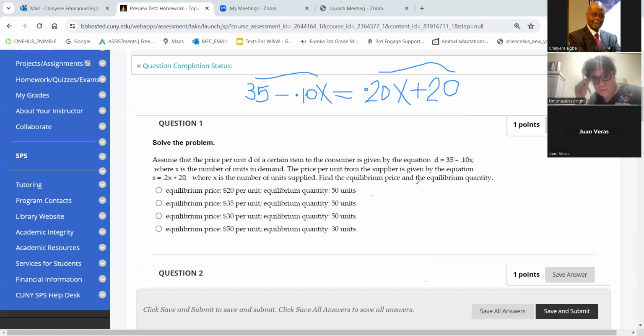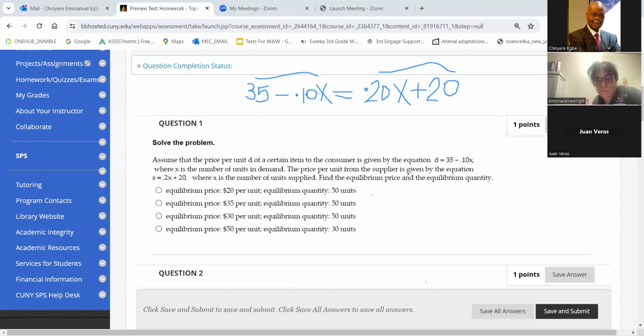And so if the buyers must agree with the sellers, we're trying to solve this equation and find what is X, which is the quantity. Say X is the quantity that buyers want to buy. The consumers want to buy X. The sellers want to sell X. But what is this quantity where X is the same thing on both sides? The only way we can find it is to make the two equations equal.